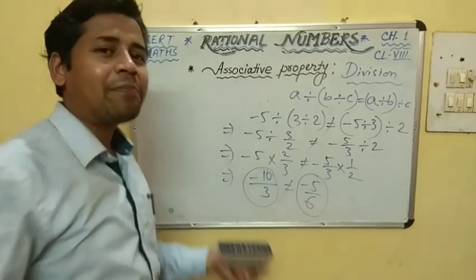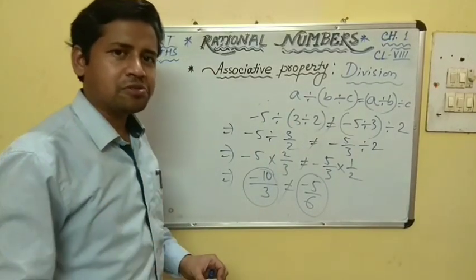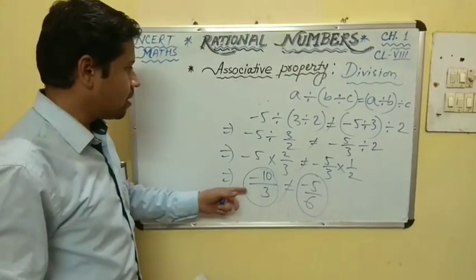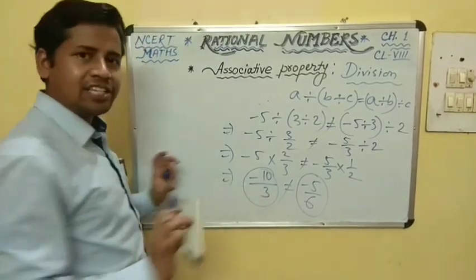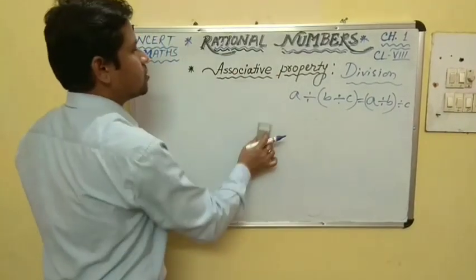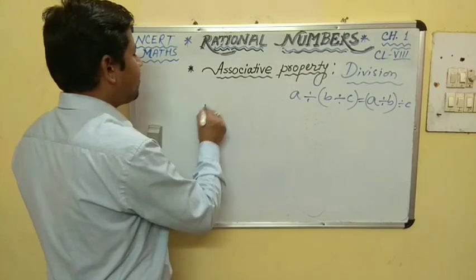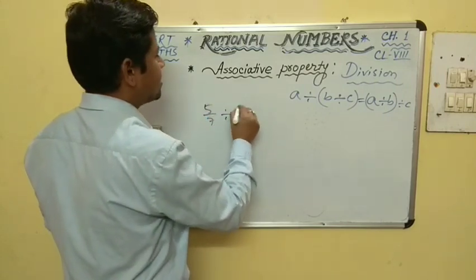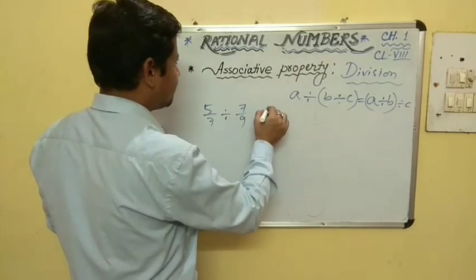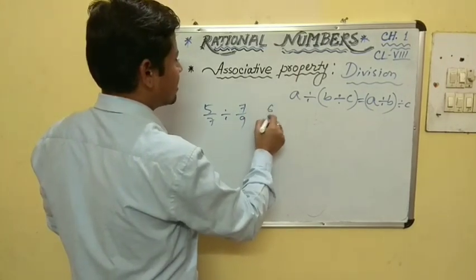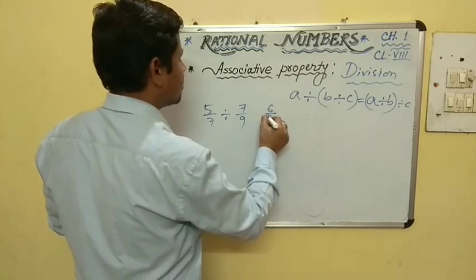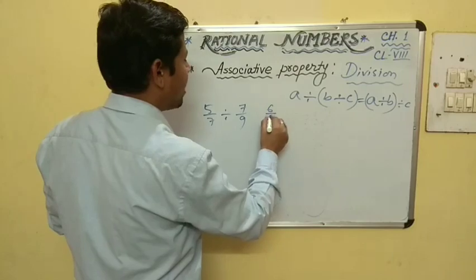So we can say that this is also not equal. If you want to take fractional numbers in P by Q form, let's see. This is not equal, it is clear to us. So let's take some fractional form. 5 by 7 divided by 7 upon 9, and I am taking another one, 6 divided by, suppose I am taking 11.